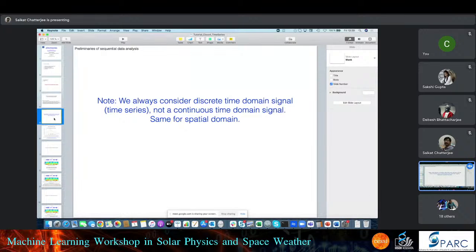This also applies to the spatial domain: in space, I'm not considering continuous space, but coordinate-wise, like pixel-wise in the case of an image. So that's the discretized system. Please note that there will be a difference between the discrete system and the continuous system, and you must know this before applying your algorithms or thought process. Otherwise, you may do completely wrong things.